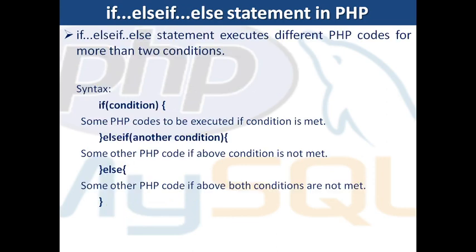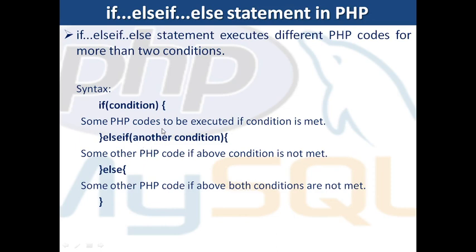Next statement is the if elseif else statement in PHP. The if elseif else statement executes different PHP code for more than two conditions. Syntax is if, first condition; if it returns true, then some PHP code is executed. But if this condition returns false, then it will come to the else if part and check another condition.